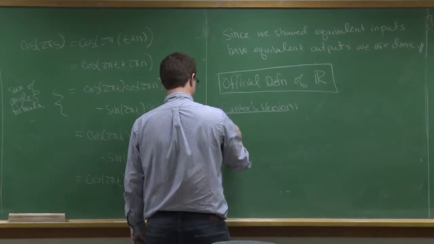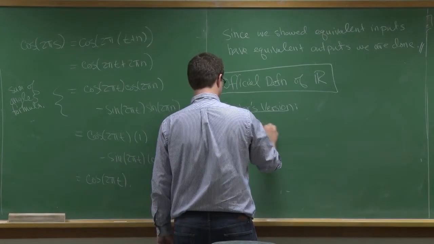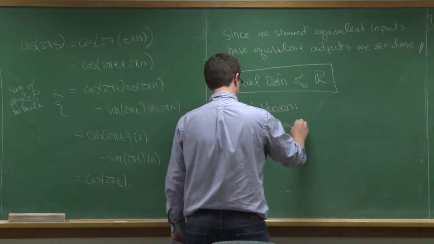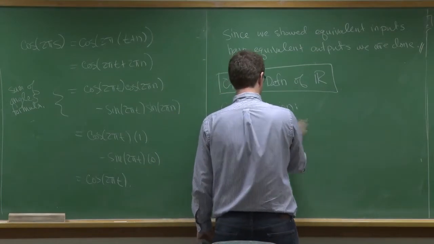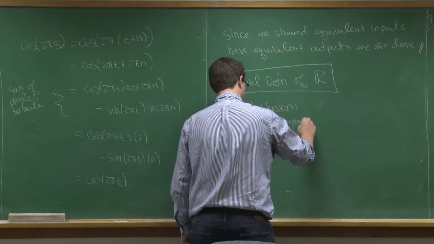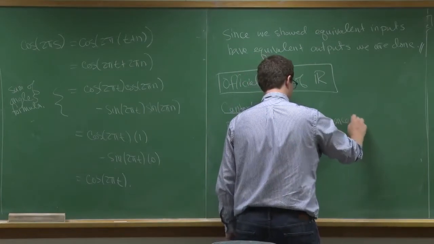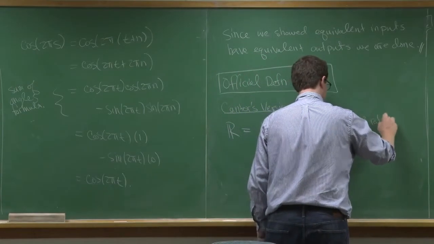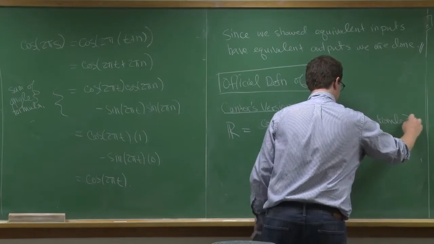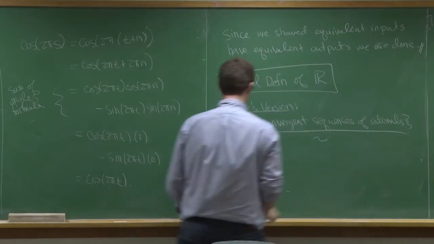R is the set of equivalence classes of convergent sequences of rationals, modulo an equivalence relation.